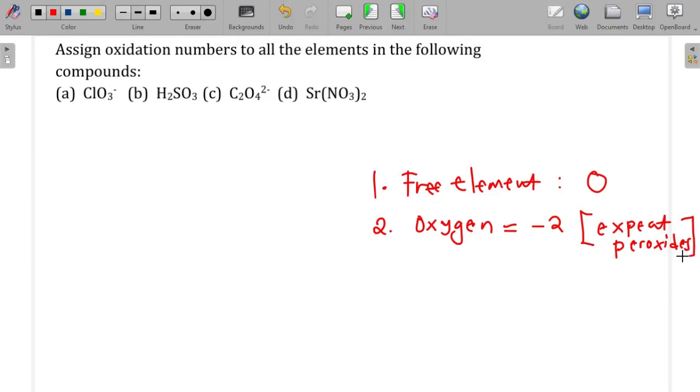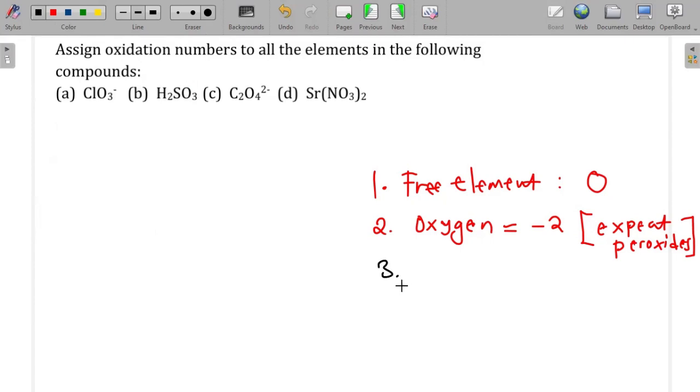So except in peroxides, where it has a -1, everywhere else it's going to have a -2. Peroxide is something that looks like this. So here in this compound, oxygen has an oxidation number of -1, only in peroxides. The rest of the compounds are going to have a -2.